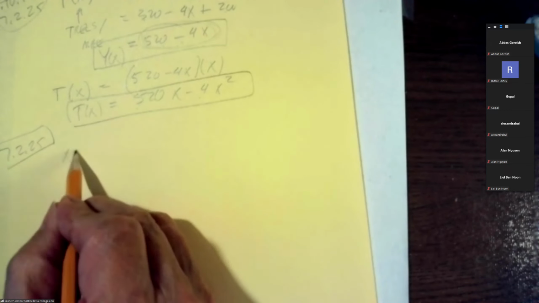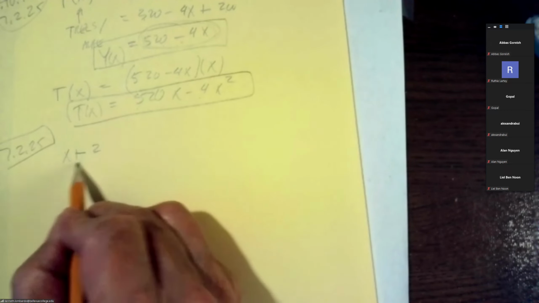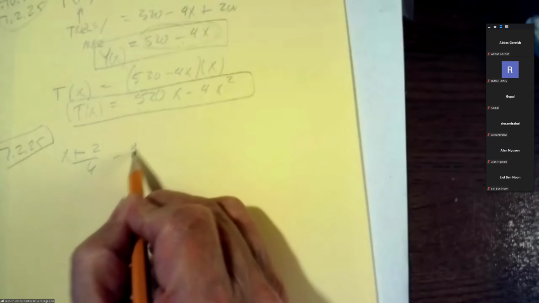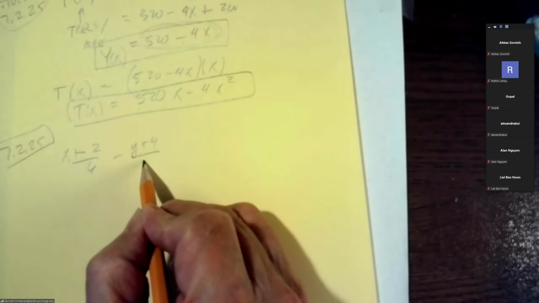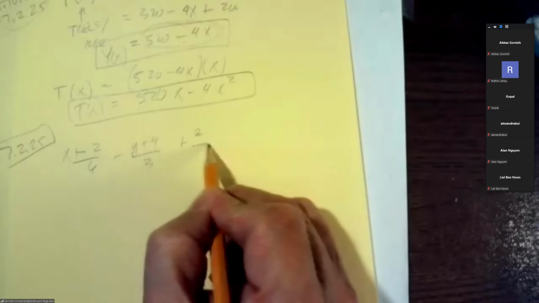So this, we've got x plus 2 over 6 minus y plus 4 over 3 plus z over 2 equals 0. And take a look at this. This is going to be a long solution.